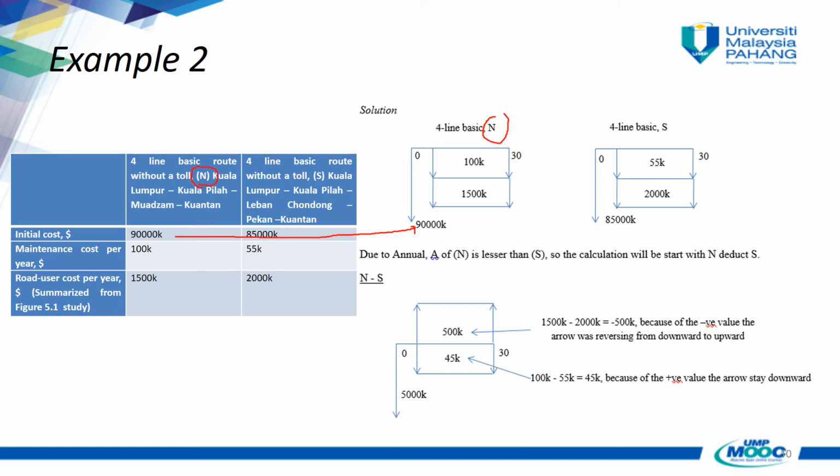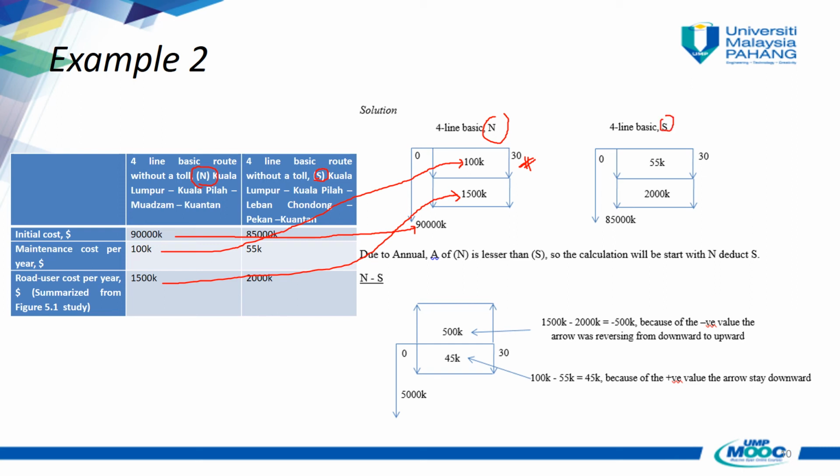And then we need to pay maintenance cost 100,000 yearly, and 1,500 K road user cost, each of those for 30 years. And for the 4-lane basic road without toll for Kuala Lumpur, Kuala Pilah, Leban Condong, Pekan, and Kuantan, we call this the S route.